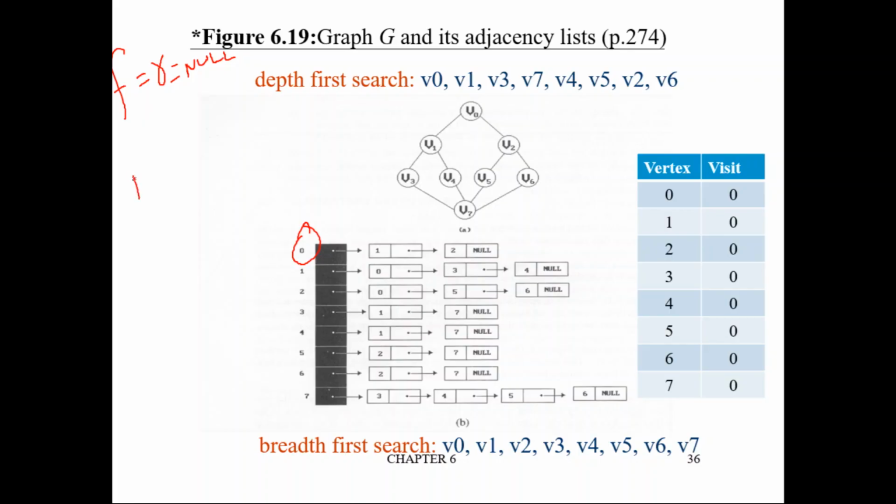When one node is added, say we are inserting one node x into the queue, x next will point to null. Now front and rear both will point to x, because this is the first node and also the last node. Insertion will happen through the rear end, deletion will happen from the front end.